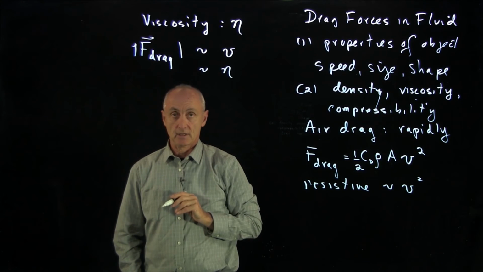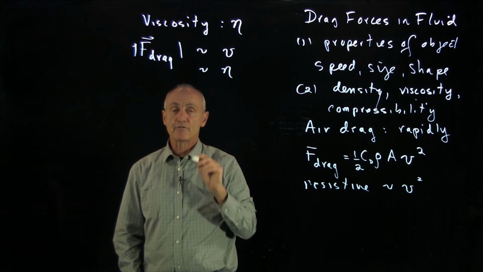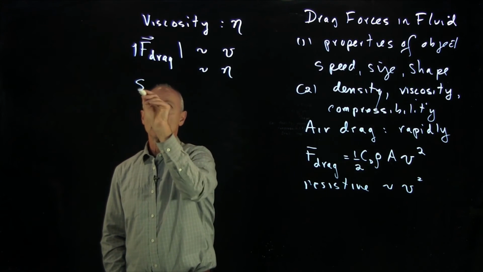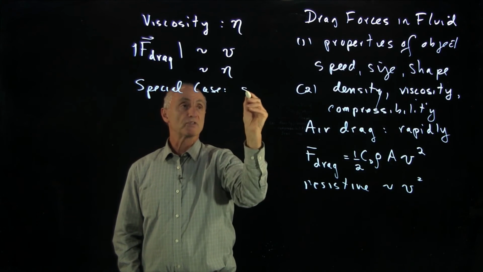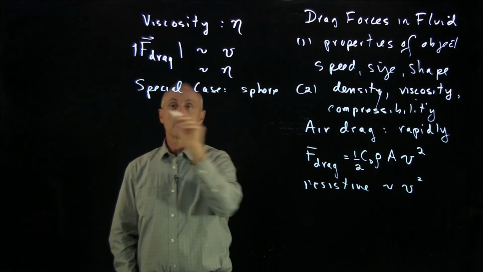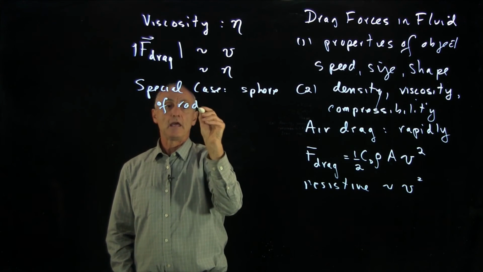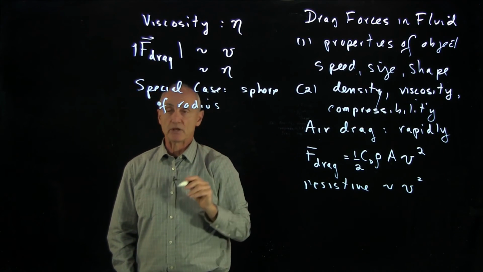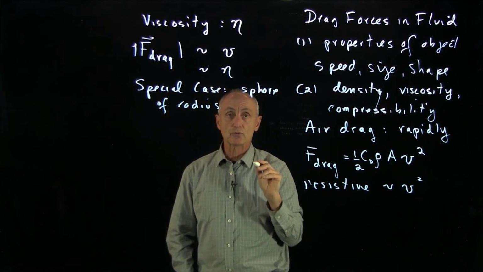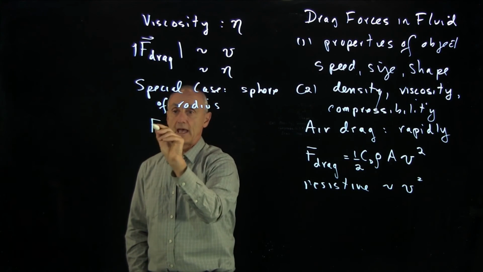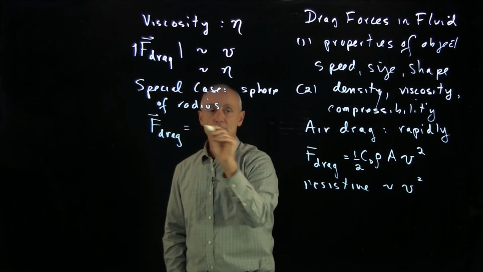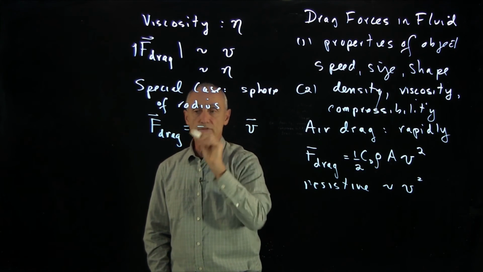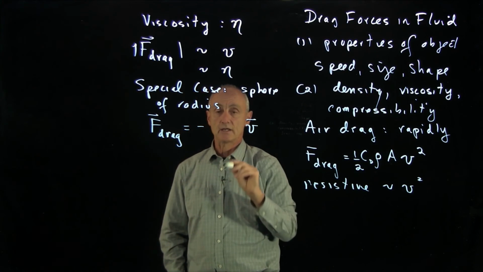and it will be proportional to the viscosity. And now, for very special cases, so for the special case which is a sphere of radius r, if you study fluid dynamics, we can get an exact solution for this drag force, and it's going to be opposite the direction of the velocity, so there's a minus sign.